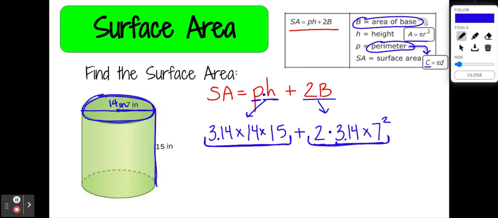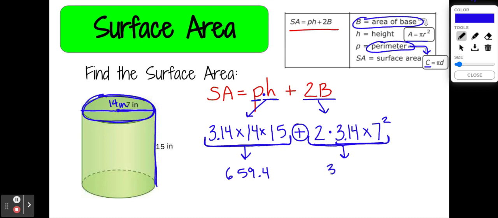Now we want to think order of operations. The addition happens last, after multiplication. I'm going to use my calculator. I'm going to multiply 3.14 times 14 times 15. When I type that in my calculator, and you could do that along with me if you want to, I get 659.4. Over here, I'm going to do the multiplication first: 2 times 3.14 times 7 squared.